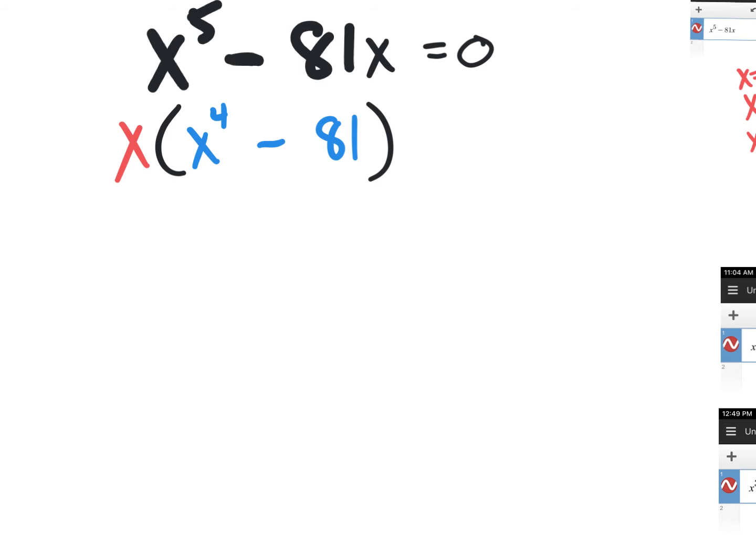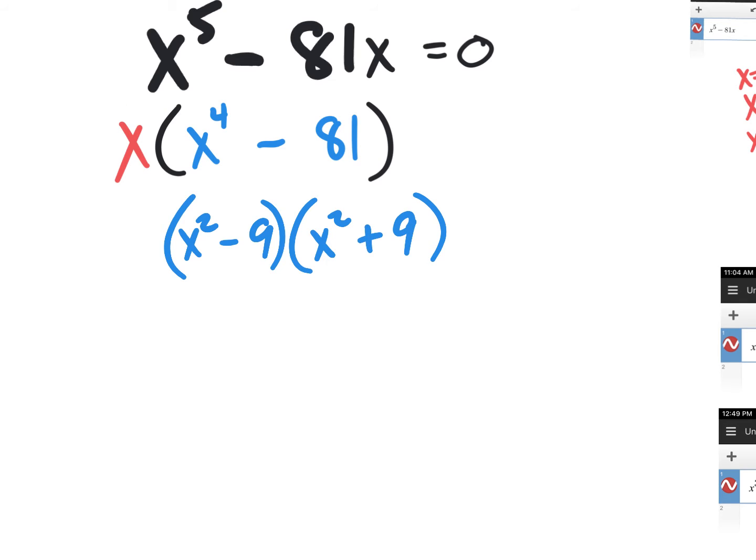And if you look at the inside, you technically have a difference of two perfect square terms. So you could square root, and then plug it into your factored form format. So if we did do that, the square root of x to the 4th is x squared. The square root of 81 is 9. And of course, you'd have to have one being positive and one being negative. It doesn't matter which one's which.